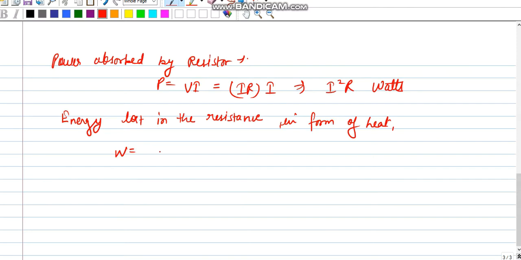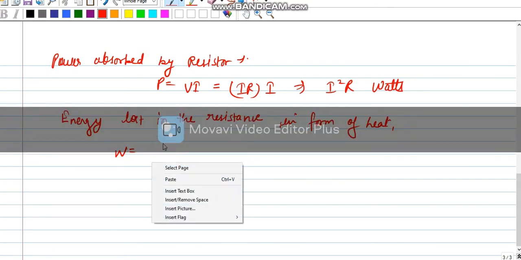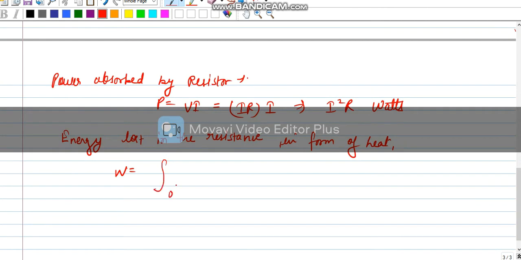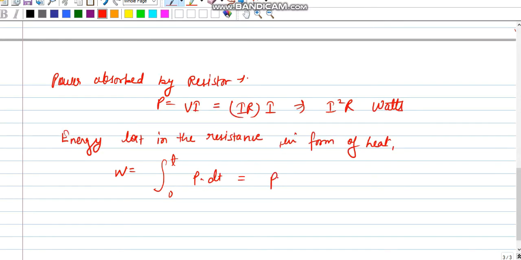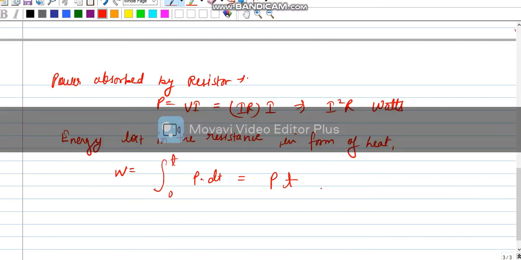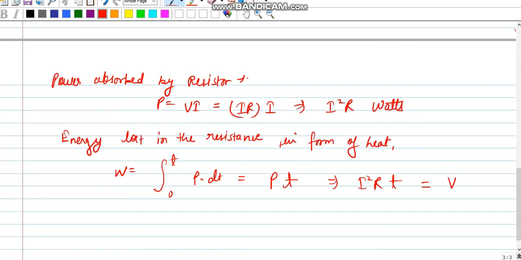We know the energy formula is W equals the integral from 0 to T of P dt. We take P common, and when we integrate dt from 0 to T, we get T, because the integration of 1 with respect to dt is T. Here we know P equals I square R, so we get I square R T, or we can also say V square upon R into T. So here we have the formula for the energy lost in the resistance in the form of heat.